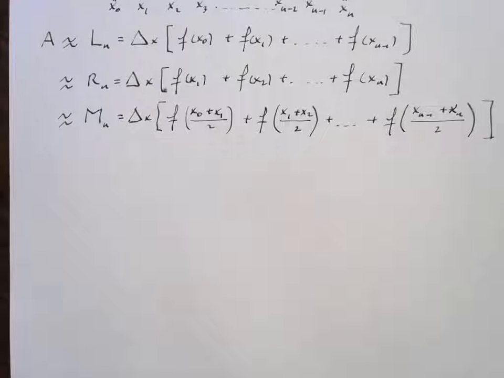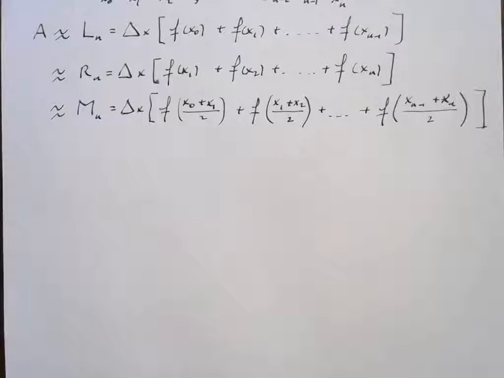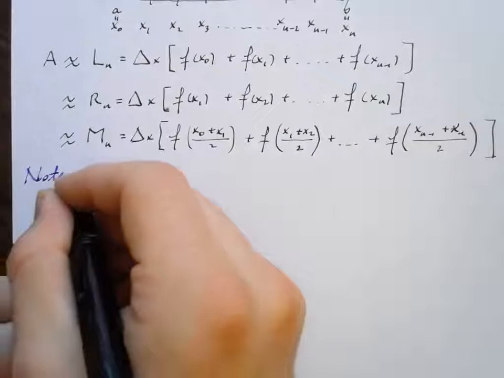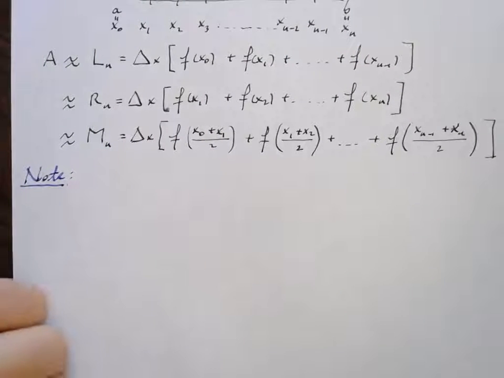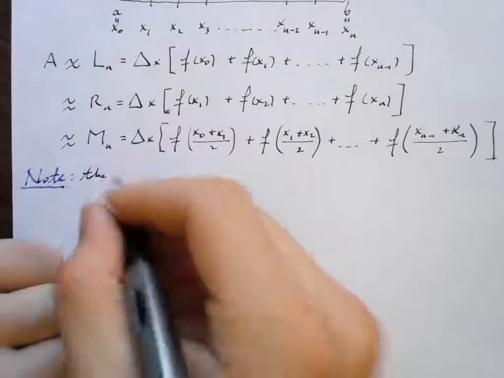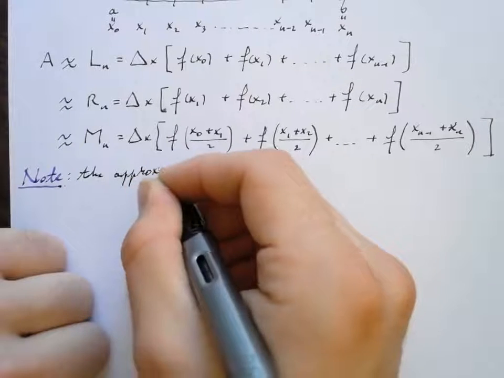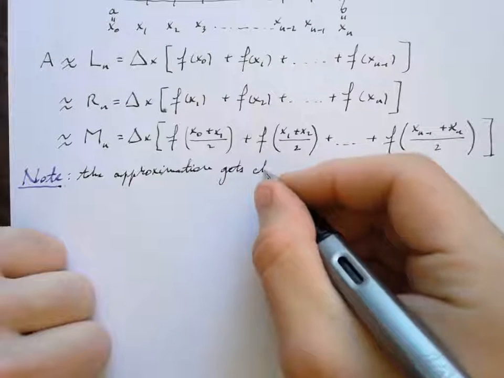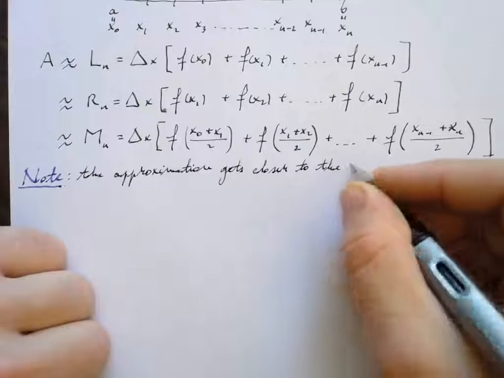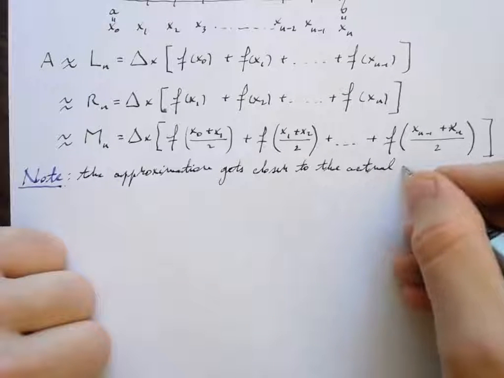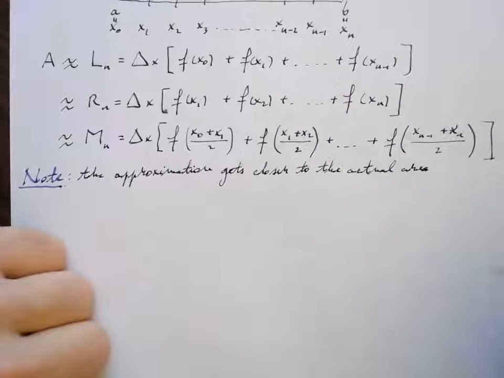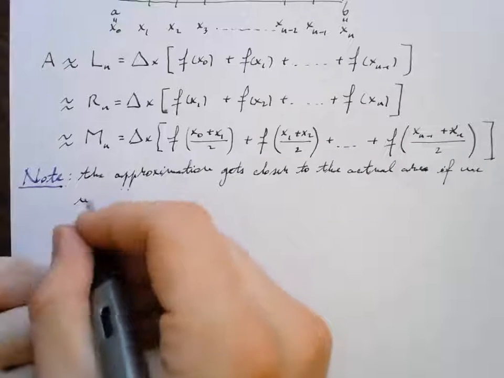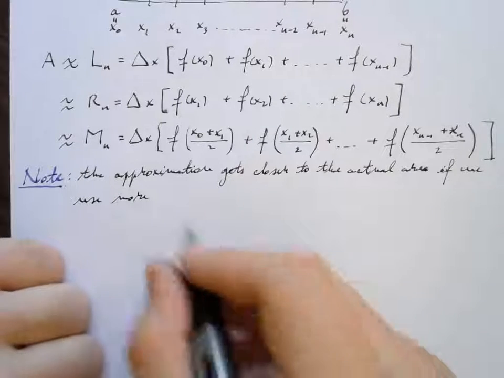So, as I mentioned, one thing to note is that the approximation is going to get better, so it gets closer to the actual area between the graph of some function and the x-axis, for example, if we use more rectangles.